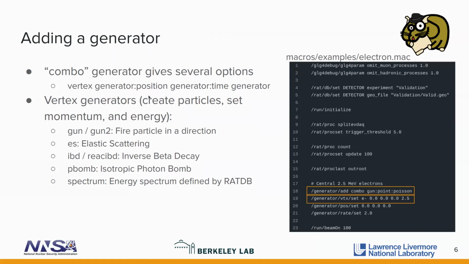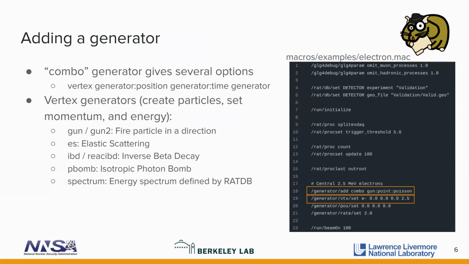And so the vertex generators, there's a bunch of different ones that create the particles. They set their momentum and energy. And so some of the options here are gun and gun2, which will just fire whatever particle you specify in some direction. There's elastic scattering, inverse beta decay, photon bombs, which just emit photons isotropically.